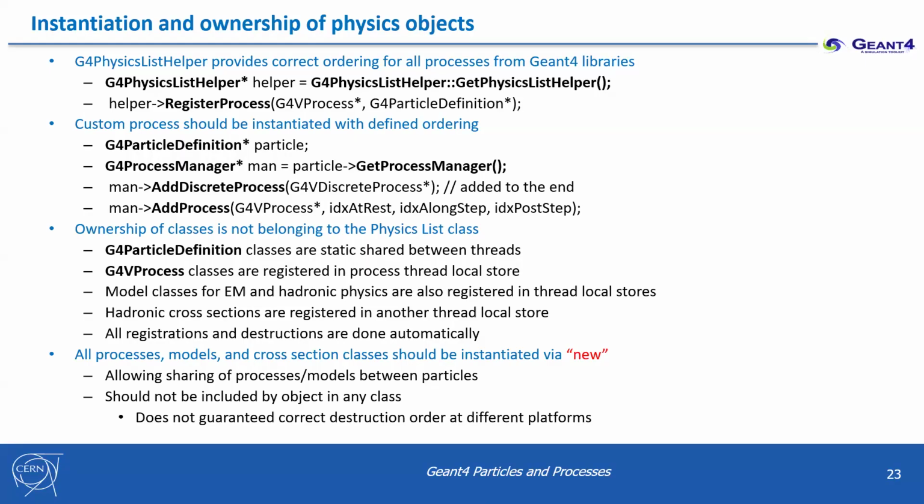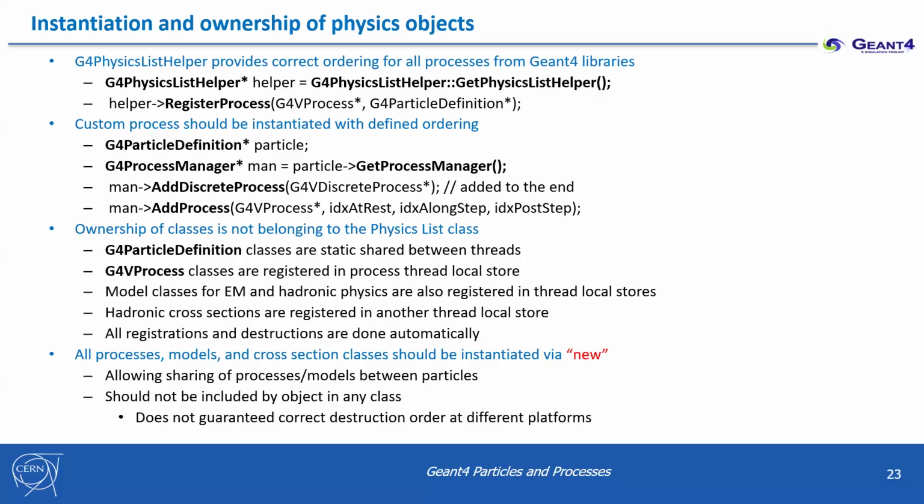But for your custom process, you may do these things. A simpler situation is if you add a discrete process: you simply add this process to the process manager. For the case where your process is active on 3 phases of the step, AtRest, AlongStep, PostStep, you need to put in correct ordering parameters.